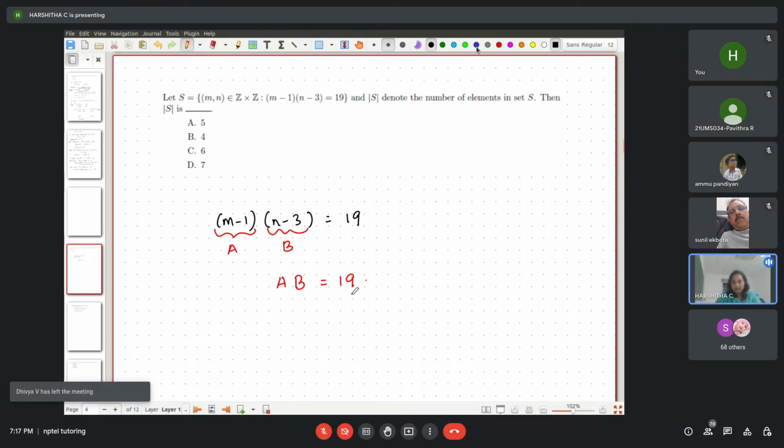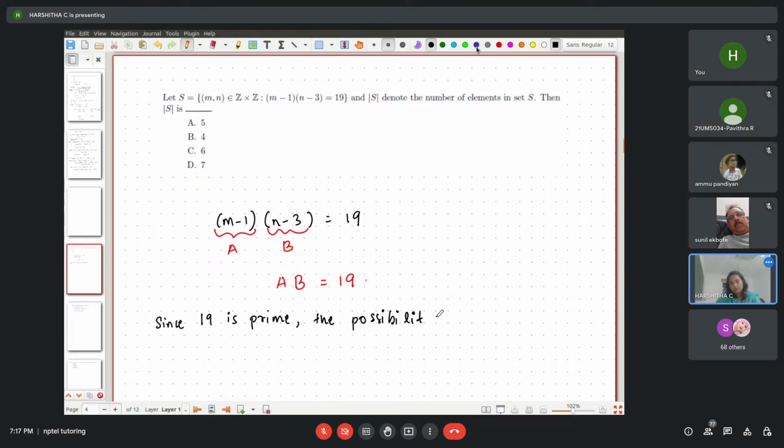So 19 is a prime number. Since 19 is prime, what are all the possibilities for it? How many ways can you write 19 as a product of two numbers?